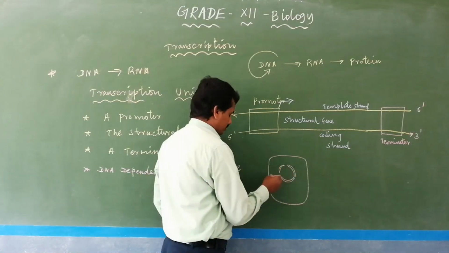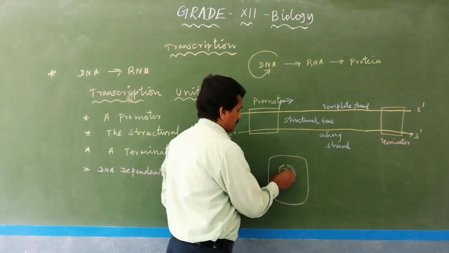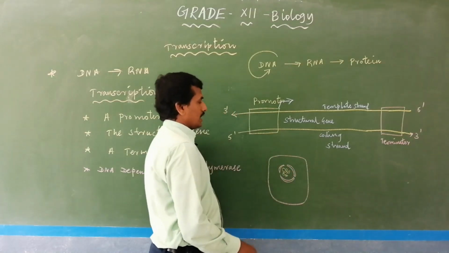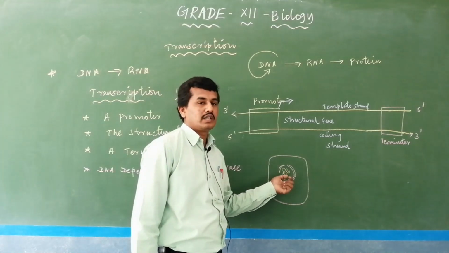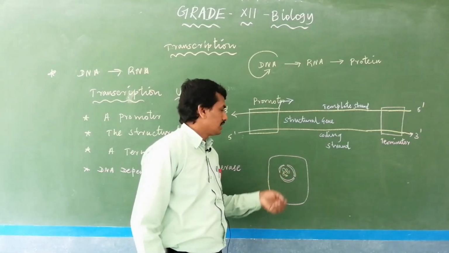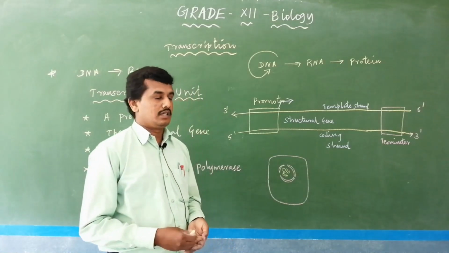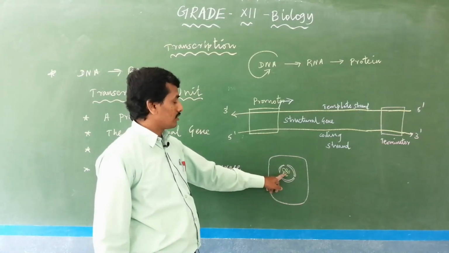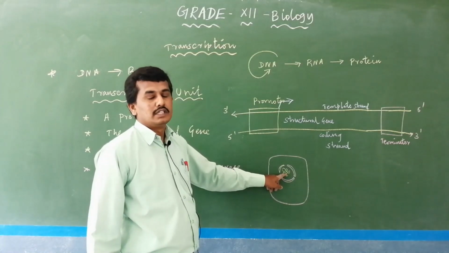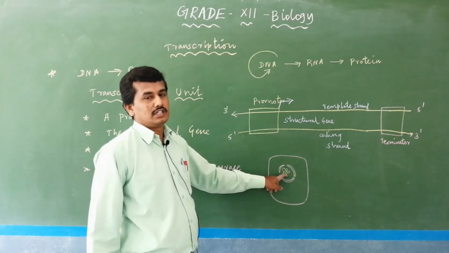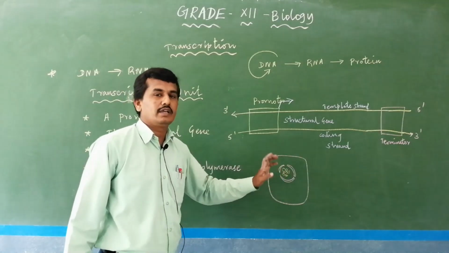Inside the nucleus, chromatin is present, in the form of heterochromatin and euchromatin. The chromatin is nothing but DNA, deoxyribonucleic acid. Inside the chromatin, only DNA is present.